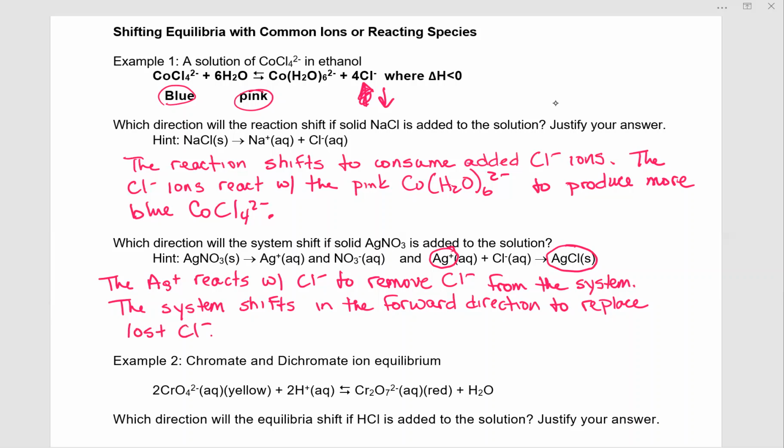Okay, when that happens, we are going to form more of the pink cobalt water complex. So more pink cobalt H2O6 2+ forms.